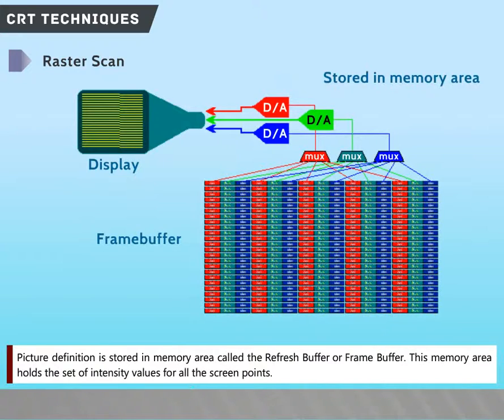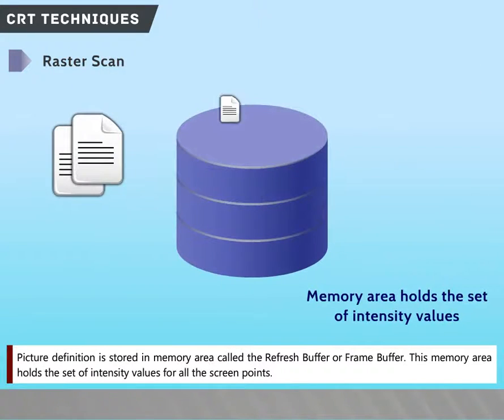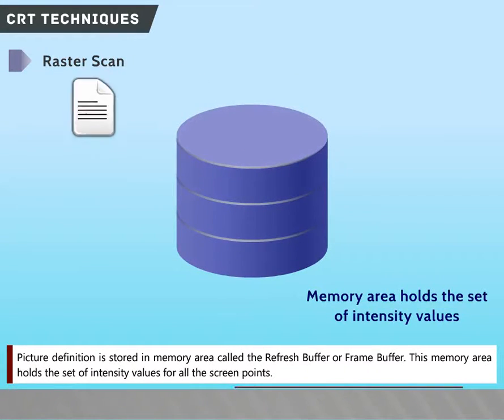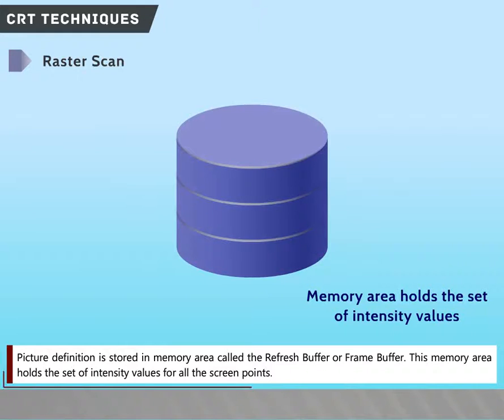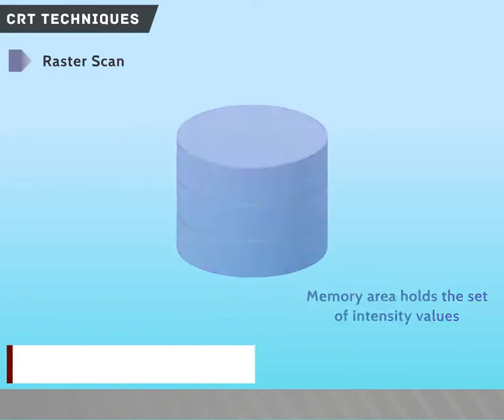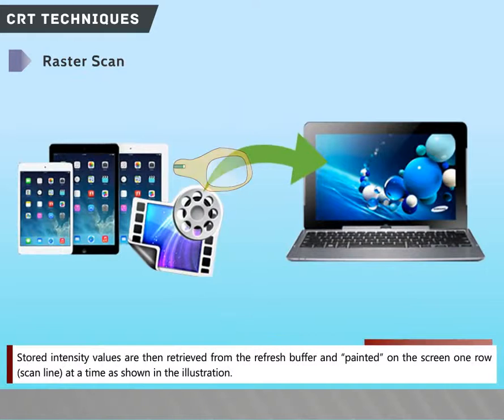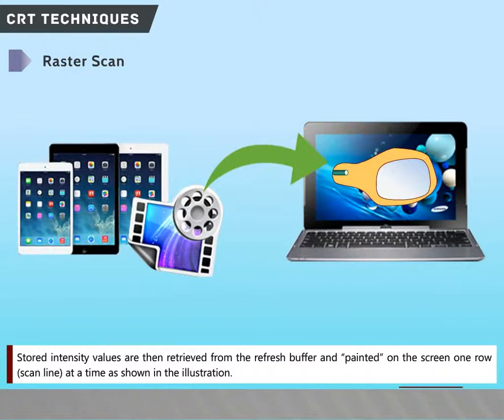Picture definition is stored in memory area called the refresh buffer or frame buffer. This memory area holds a set of intensity values for all the screen points. Stored intensity values are then retrieved from the refresh buffer and painted on the screen one row, that is scan line, at a time, as shown in the illustration.